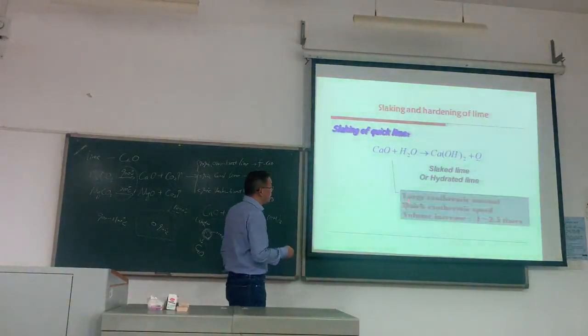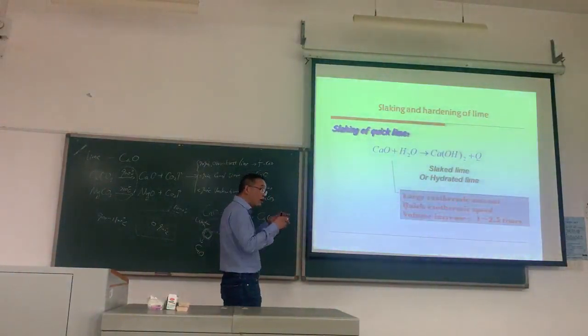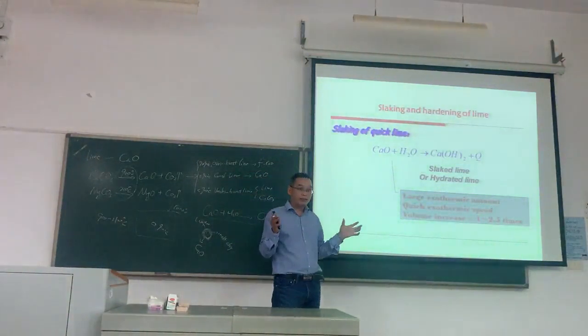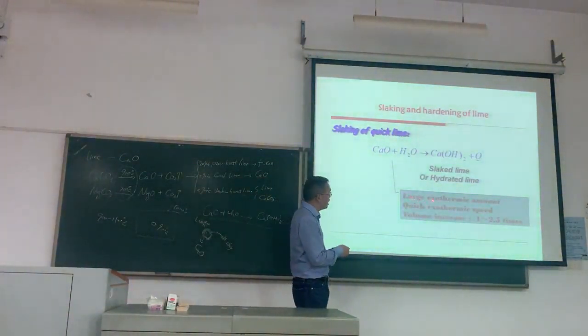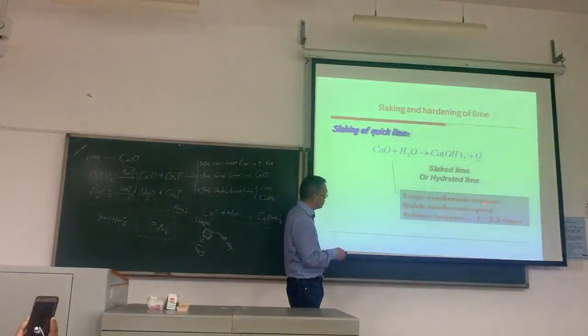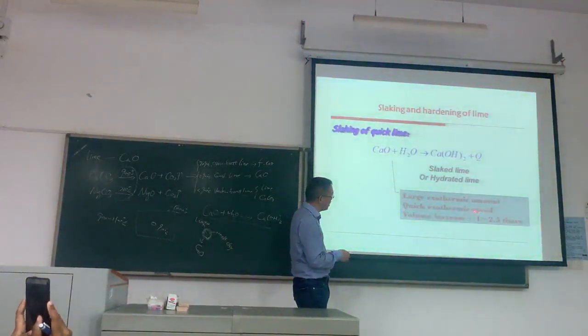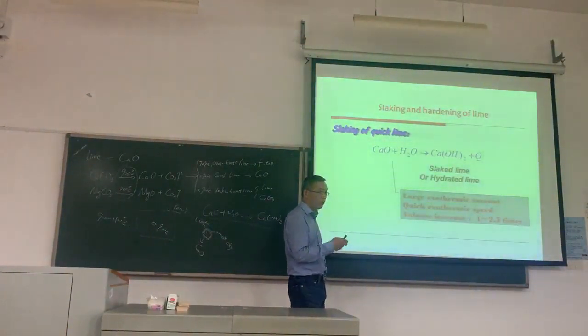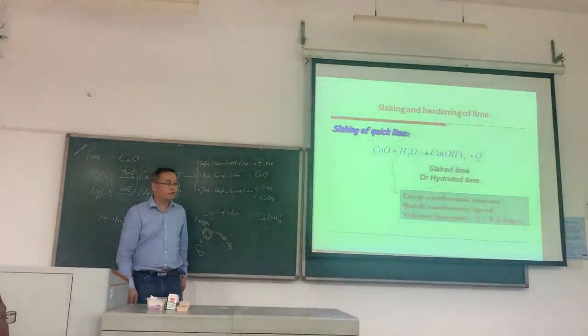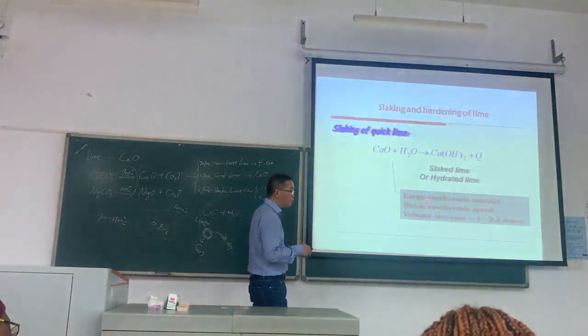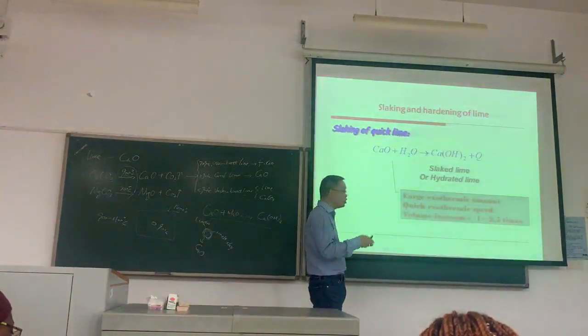And then there is volume expansion. So there is a large exothermal amount and quick maximum speed, and the volume increases maybe 1 to 2.5 times. These are the two kinds of phenomena we can observe during this reaction.